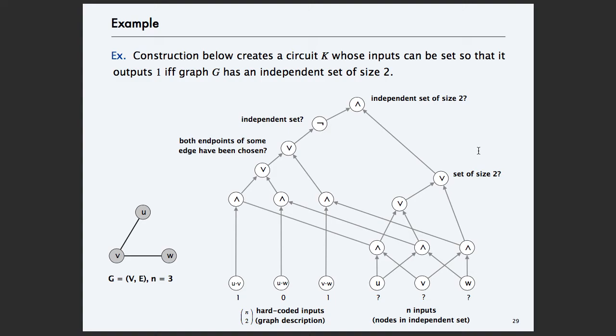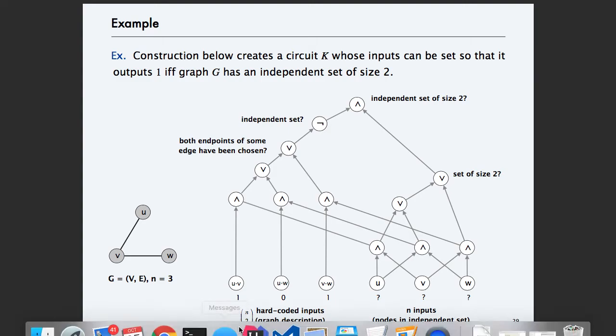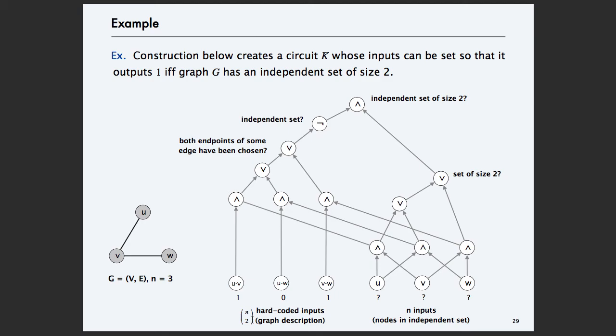So this would be a circuit that checks whether you have an independent set of size 2, given all the combinations of n choose 2, right?